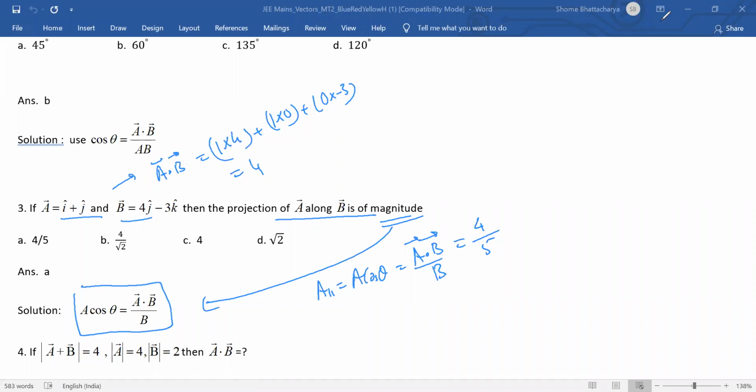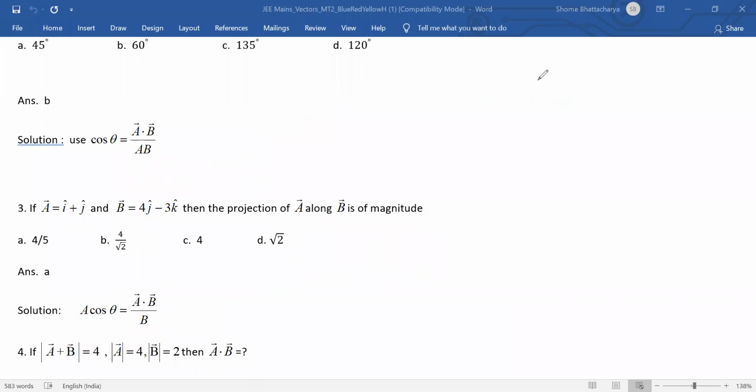This is the JEE test. I'll come to the NEET one also. Okay, so hope this question is clear.